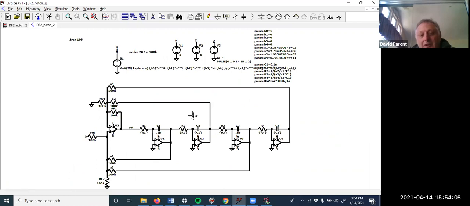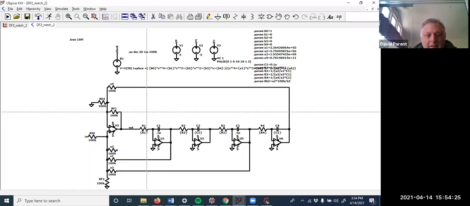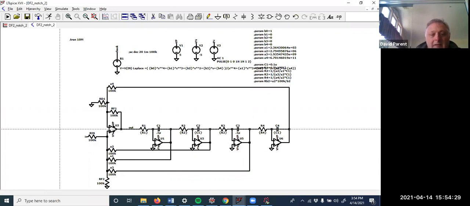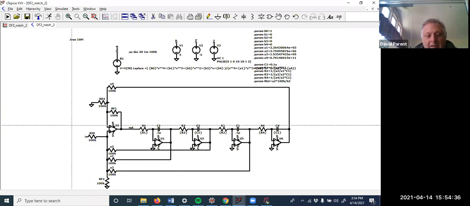Well, what if I took this and added it to the wrong side? And you say, well, now you've got 4 inputs here. I need 3 to balance it. Okay, I'll balance it. Sure, why not?